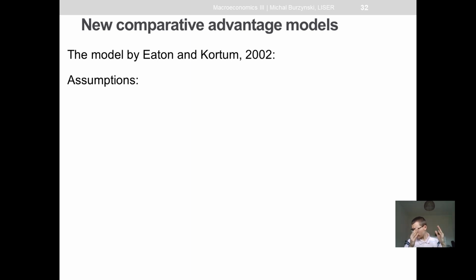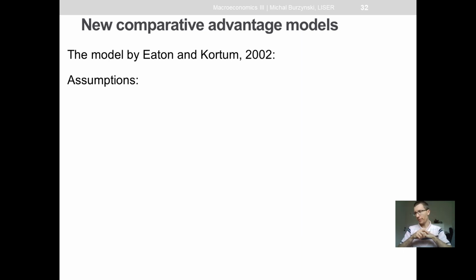But now, after one seminal paper by Jonathan Eaton and Samuel Kortum in 2002 in Econometrica, the Ricardian trade models are really flourishing right now, because those guys managed to solve the Ricardian trade model with a very nice mathematical trick, which I will not introduce to you right now.